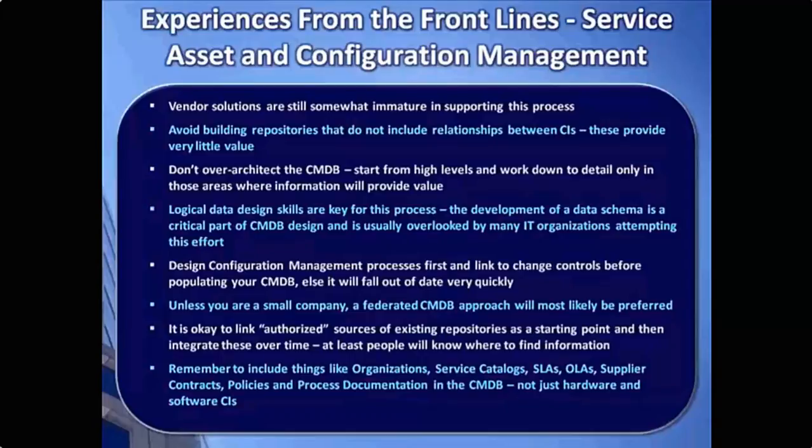Then go shopping for the appropriate tool that allows you to store that information, process and maintain it in an efficient manner. Another area here is that key considerations should be taken to not over-architect the solution, and make sure that you tie everything you do here to change management and develop this data schema to link your CIs and relationships together.